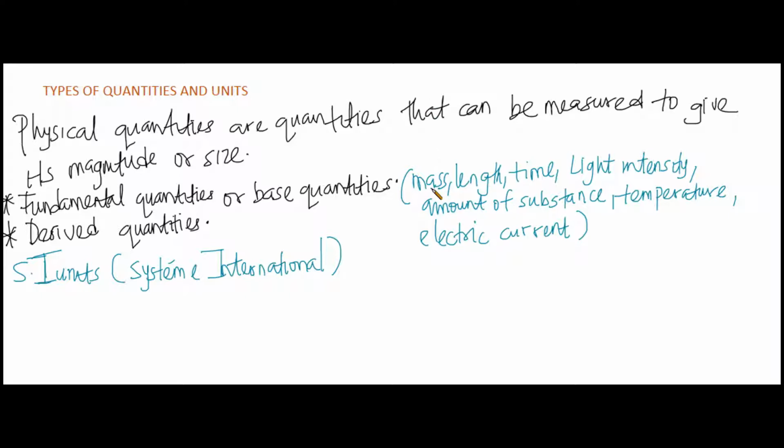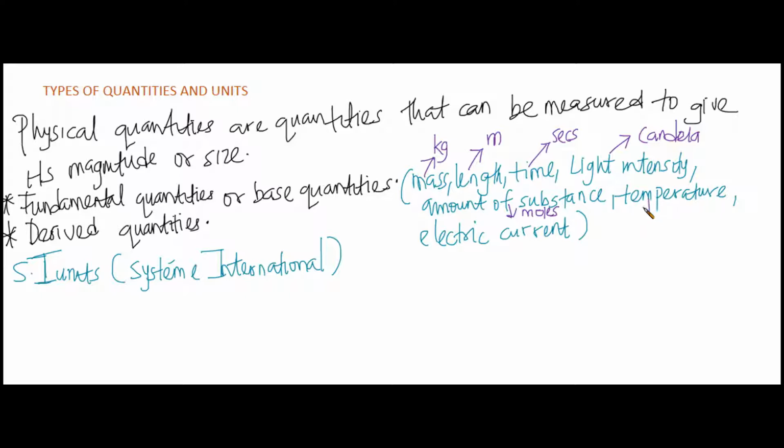For mass, we have kilograms. For length, it is measured in meters. I'm just writing the symbols. For time, we have seconds. For light intensity, or luminous intensity, we have candela. Amount of substance, the unit is moles.